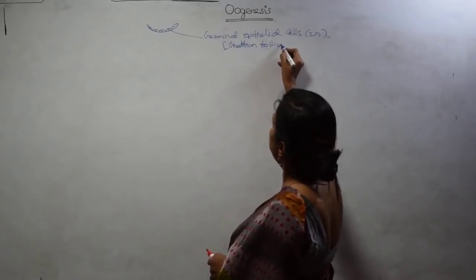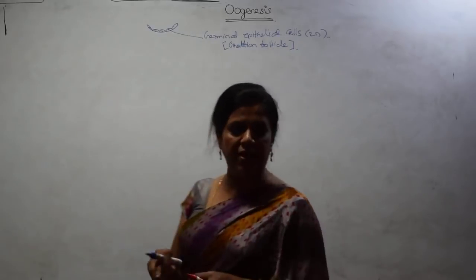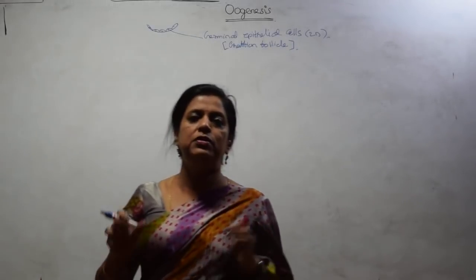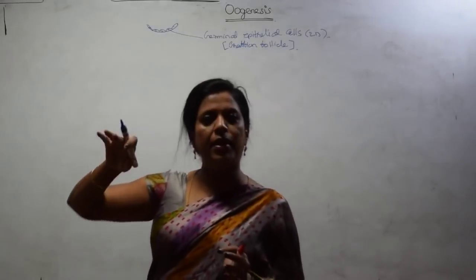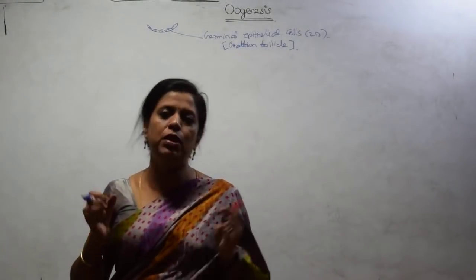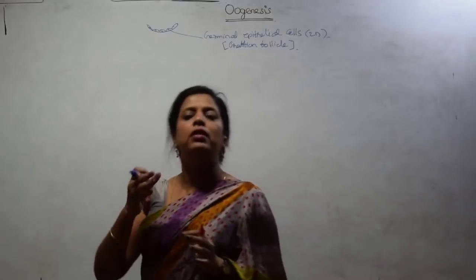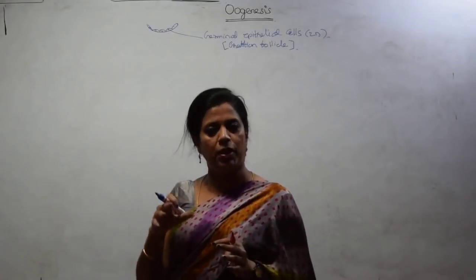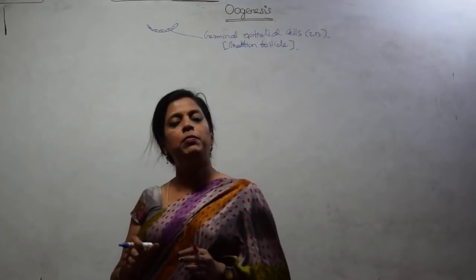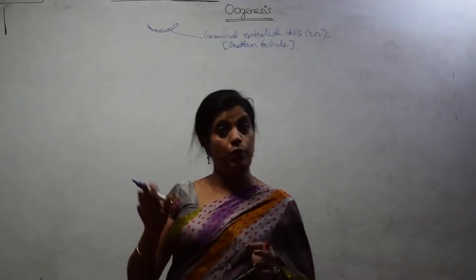Very important, you have to write properly where exactly it is produced. It is the Graafian follicle internal lining, because an ovarian follicle when it matures becomes a Graafian follicle. The Graafian follicle lining is called germinal epithelial cells. These germinal epithelial cells are diploid, and they will produce the egg.